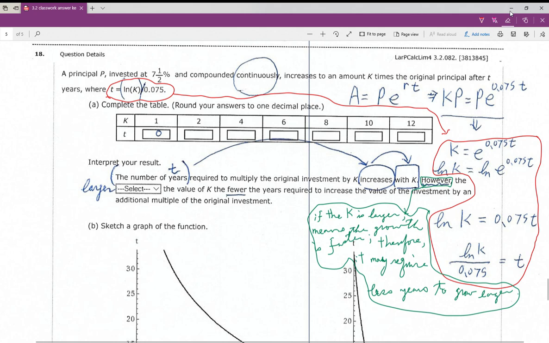Now, according to this question, they said after t years, the principal becomes k times. If the principal becomes k times, we may cancel out the P. We divide by P on both sides.